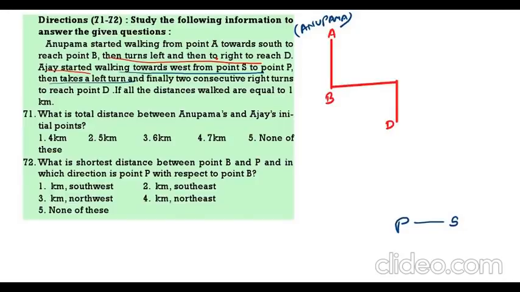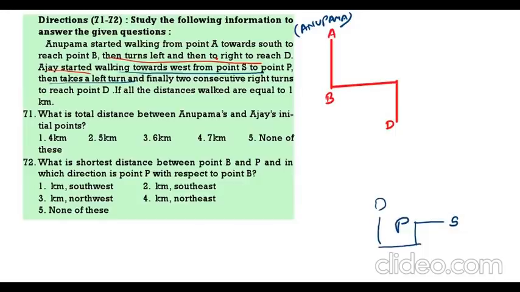Ajay walked west from S to P. Then takes a left turn, and then 2 consecutive right turns. So this is one right, this is one right, to reach D. That means here it should be D.